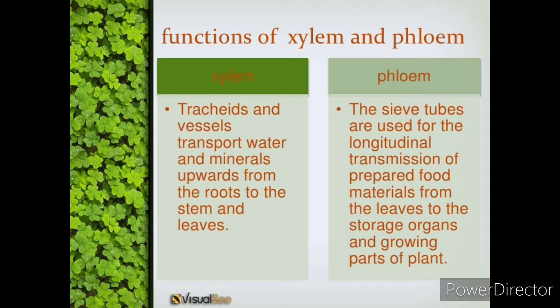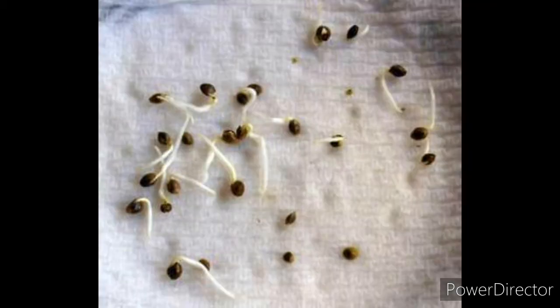Now let us see one of the activities, the absorption by root hairs. To perform this activity, first of all we need germinated bajra or mustard seeds. Examine some mustard seedlings which have been grown on wet filter paper.